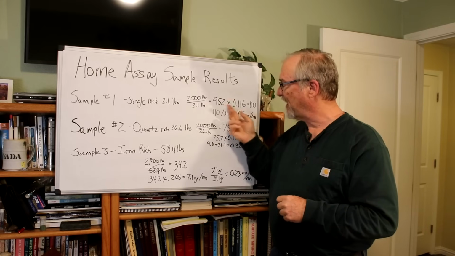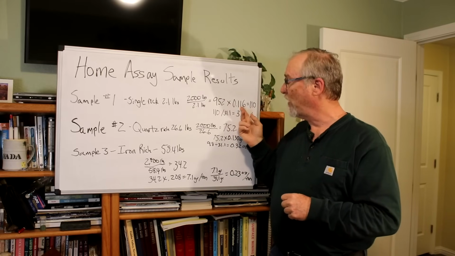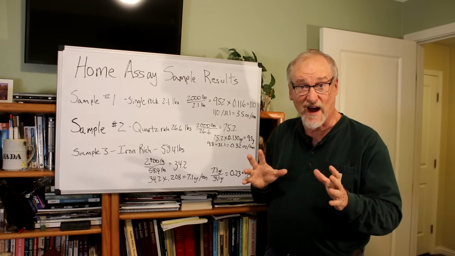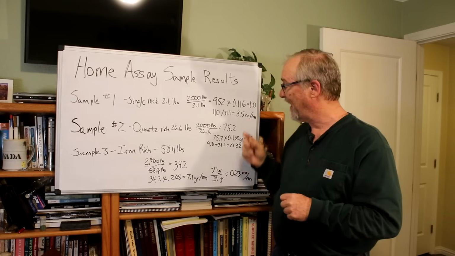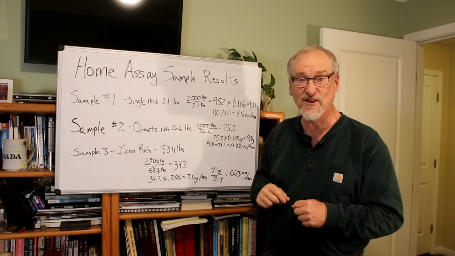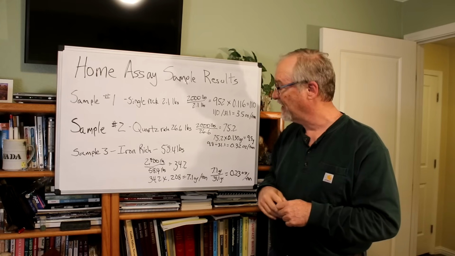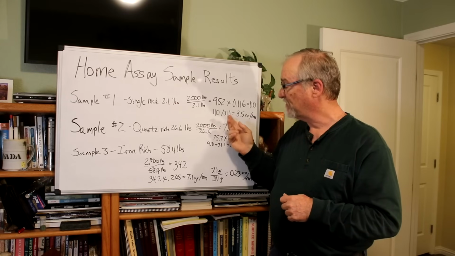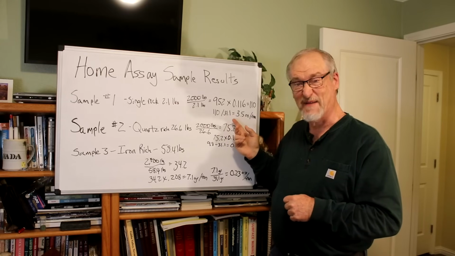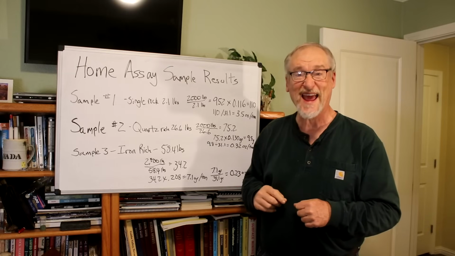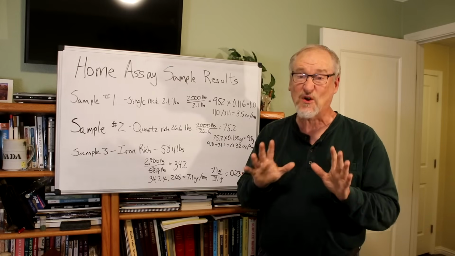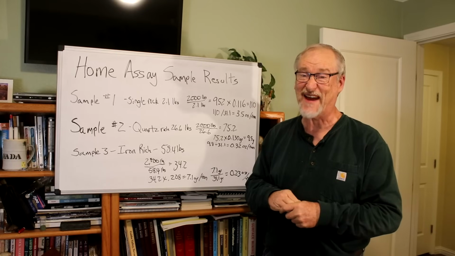And so 952 times 0.116 grams, that's what the gold from that rock weighed, gives you 110 grams per ton of rock. And 110 grams divided by 31.1, which is grams per ounce, gives you 3.5 ounces per ton. That's a really good result, 3.5 ounces per ton.